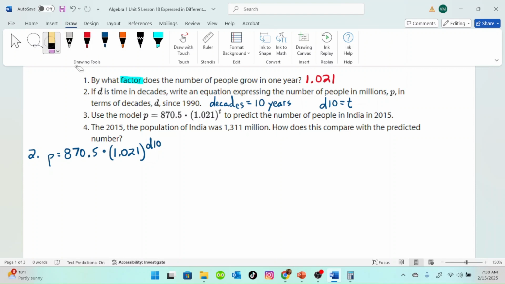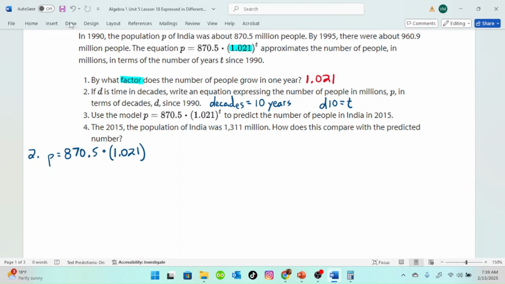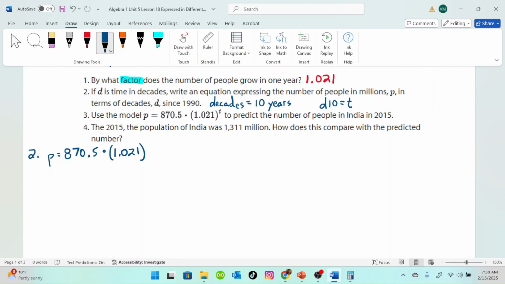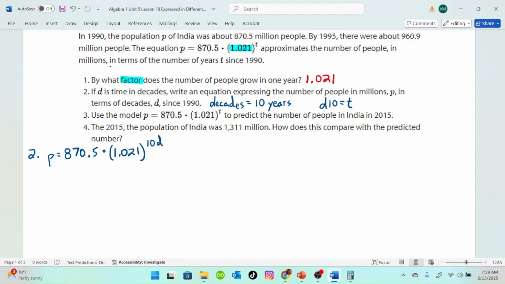Or, to write that more correctly, 10d. So now if I said it was 1 decade, I would multiply 1 times 10, and it would be 10 years. So this is the equation that would represent it using decades as the input instead of years as the input.